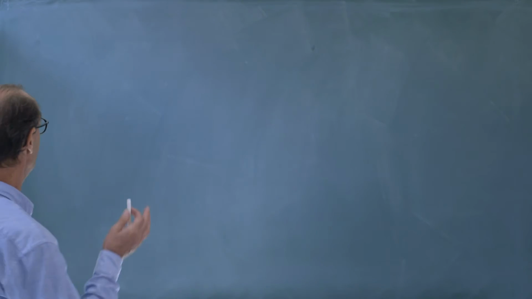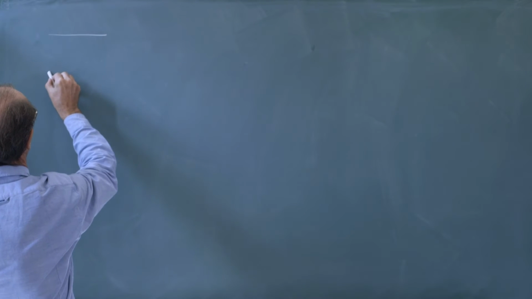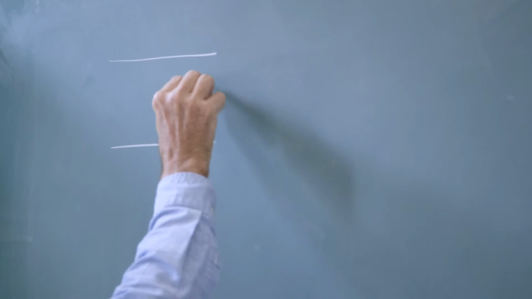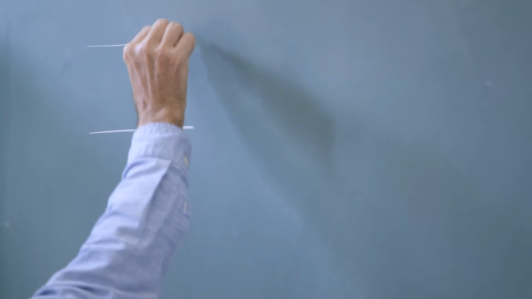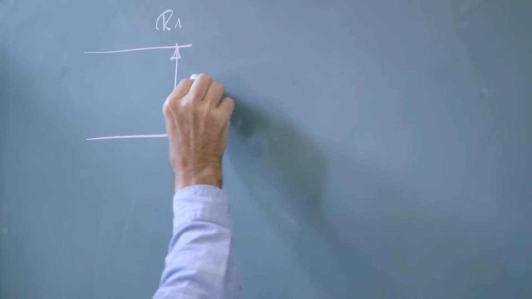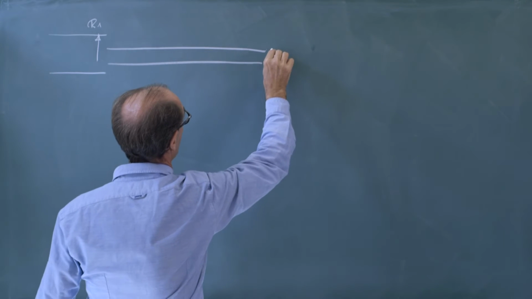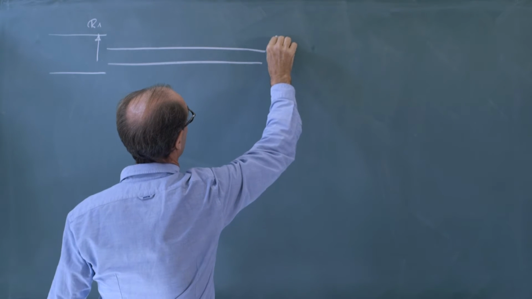In this experiment, we have two tubes, a large one and short, with a radius R1, and a long and thin tube with a smaller radius R2.